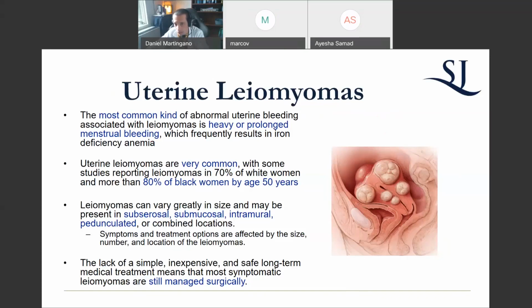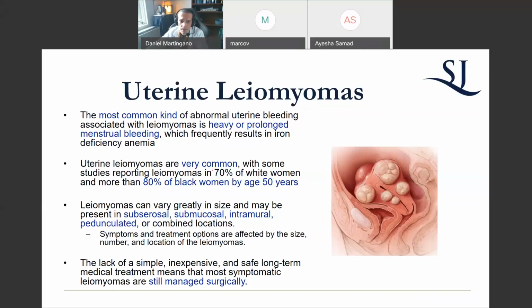You can see in this image, which is a nice stylized image of a sagittal cut of the uterus, that they're smooth muscle tumors here. As such, they can recruit their own blood supply, and they're very vascular, and they can cause abnormal bleeding of the uterus, mainly because they can't contract, but also because of a couple of other insults to the structure of the uterus here. It's a very common condition. Even most lay people have heard of it.